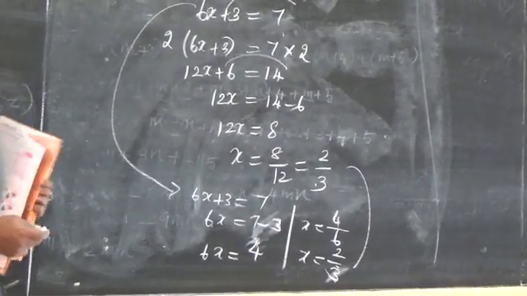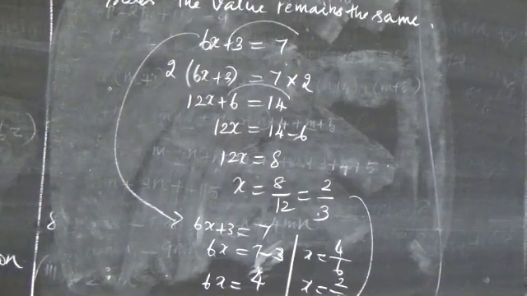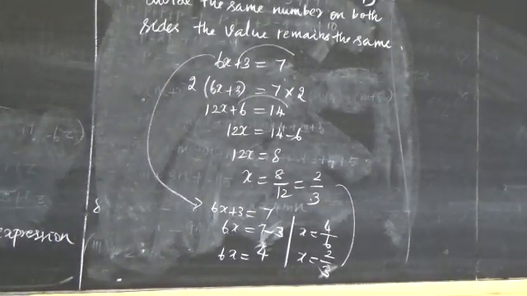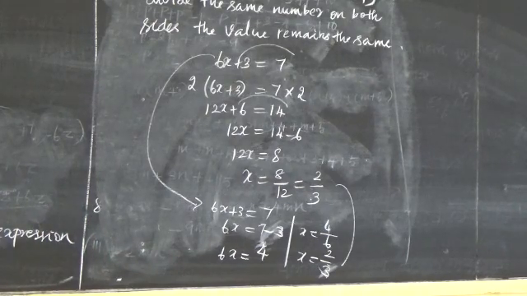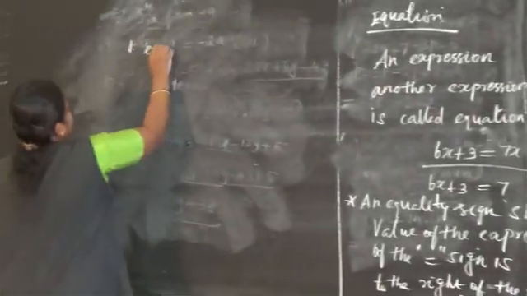Now we will do exercise problem 3.3. The first question: an expression equated to another expression is called. Now only I told that definition. The answer for the first one is equation.